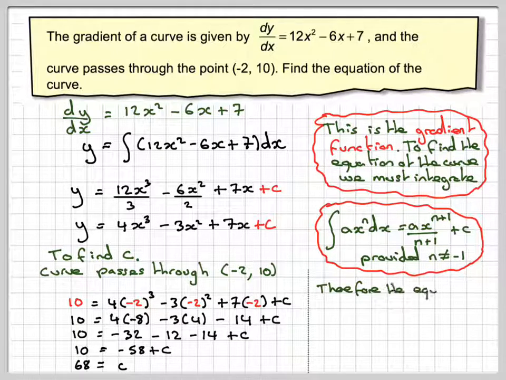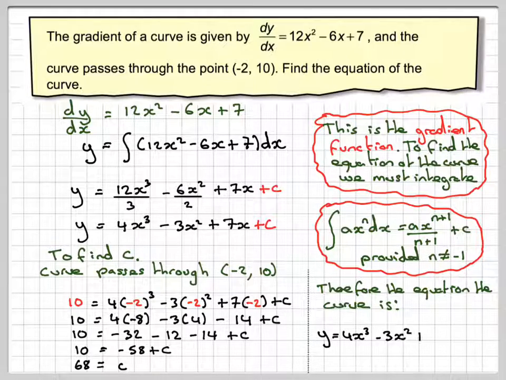So the equation of the curve is y is 4x cubed minus 3x squared plus 7x plus 68. This is called a particular solution from this differential equation.